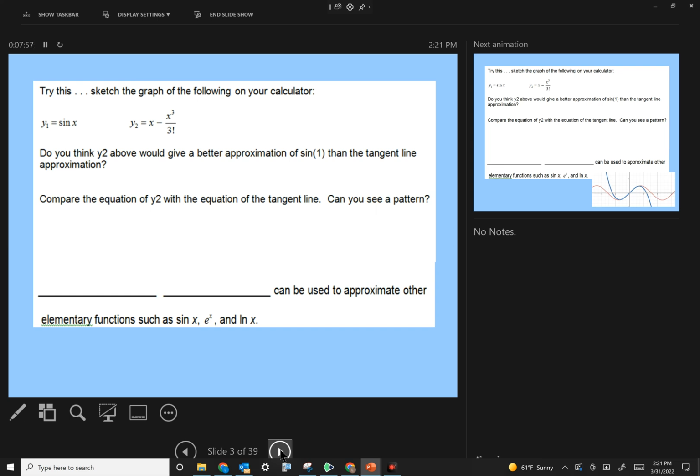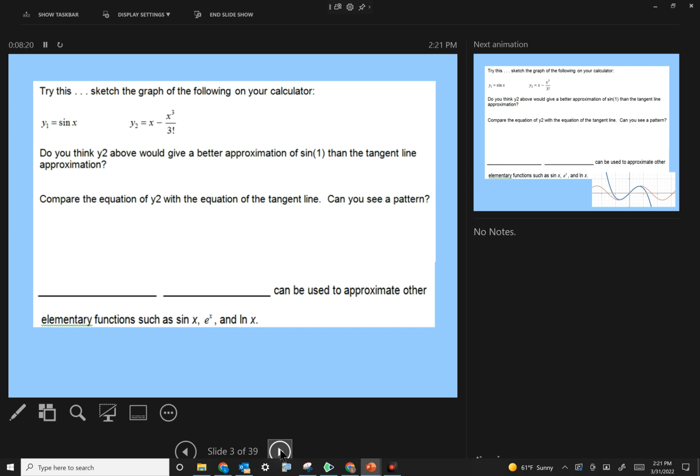Calculator. Here's what I want you to do. On your calculator for y1 on the graph screen, I want you to put in sine of x. Don't hit graph yet. Sine of x. And then on y2, I want you to put in x minus x cubed over what?